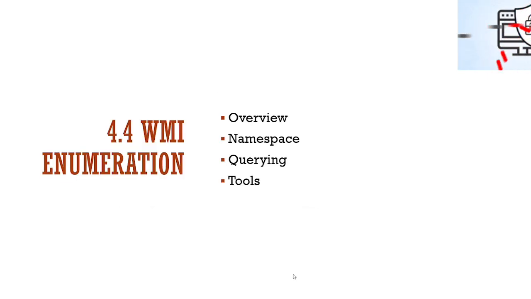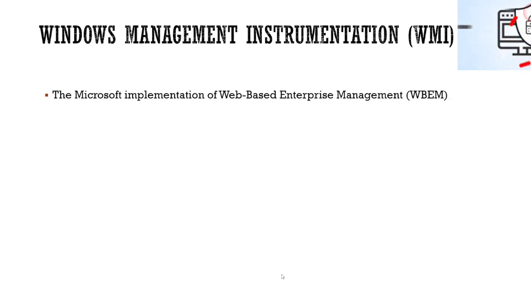Let's talk about the single most powerful tool we have to enumerate information from a Microsoft Windows system, and that is WMI, Windows Management Instrumentation. This is Microsoft's implementation of a common standard called Web-Based Enterprise Management, or WBEM.